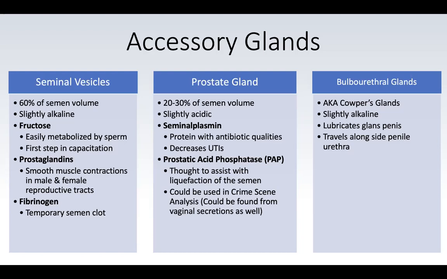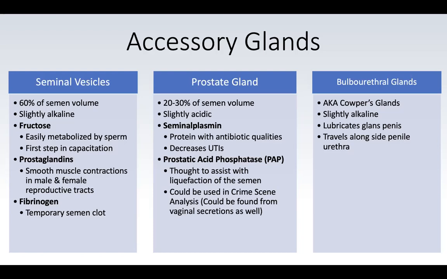This is important because after ejaculation into the female anatomy, it is very helpful for the semen to stay together, because if it starts dispersing right away, it can get lost to the different parts of the female reproductive system. So the fibrinogen contributed by seminal vesicles helps the semen stay together, which increases the chance by which sperm can actually traverse superiorly in the vaginal tract and pass the cervix.